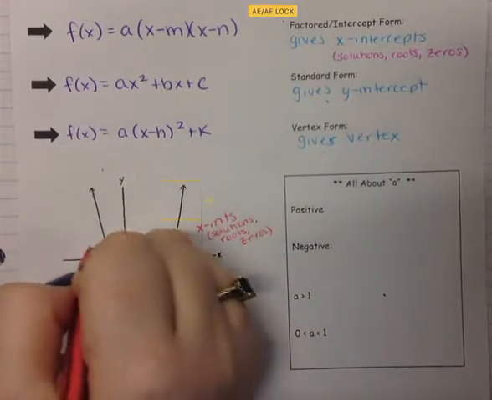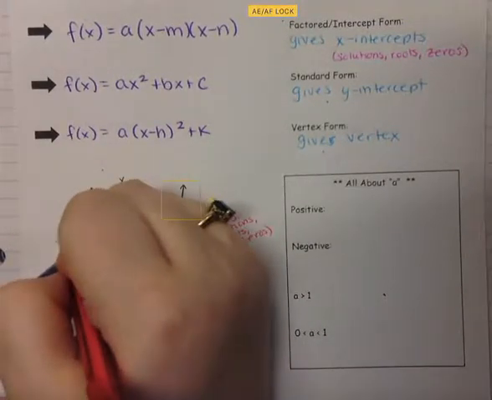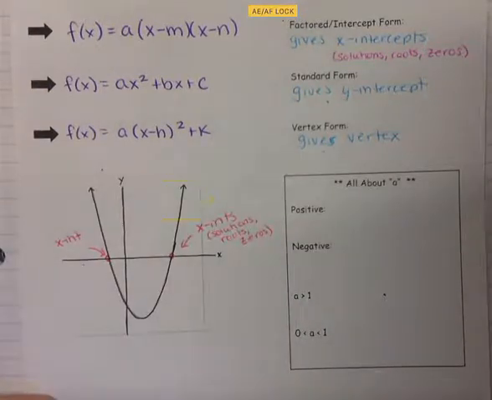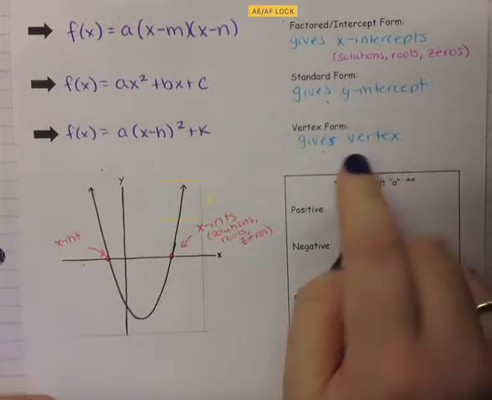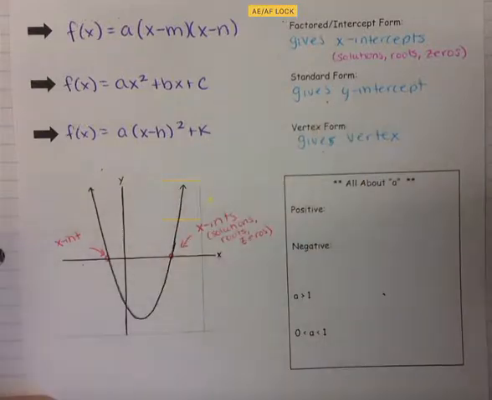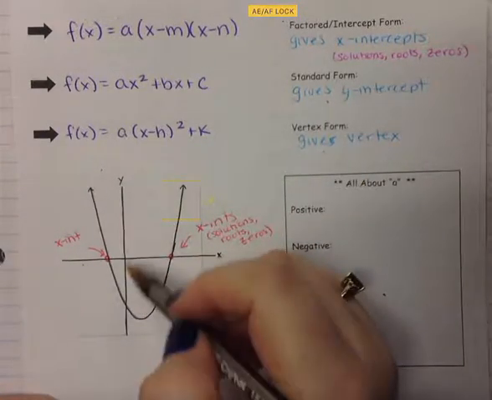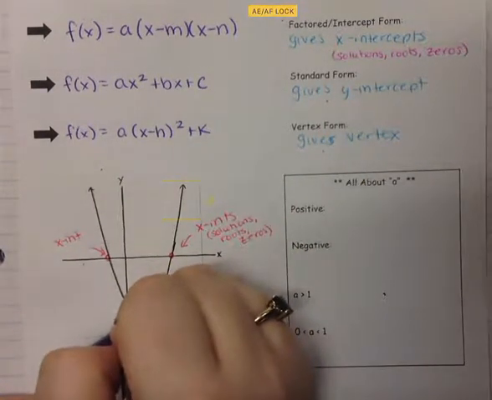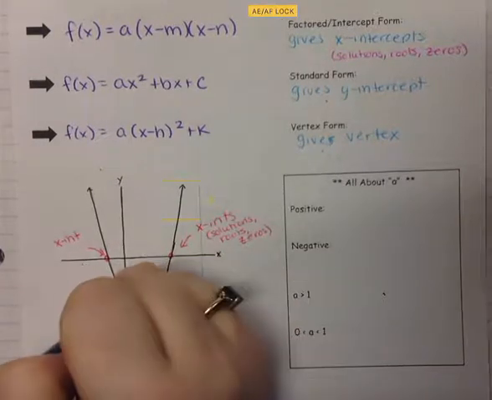This is also an x-intercept. We will have a y-intercept, which is where it's crossing the y-axis, so at this location. This is our y-intercept.